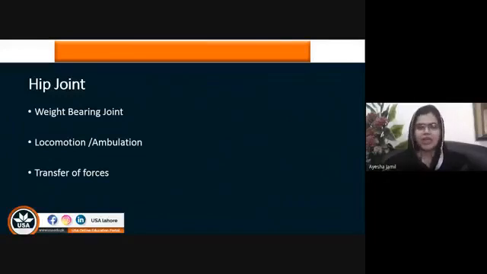If any impairment or disease occurs in the normal articular characteristics of the joint, or if there is tightness or weakness in the muscles surrounding this joint, then there will obviously be a change in the normal function of this joint.